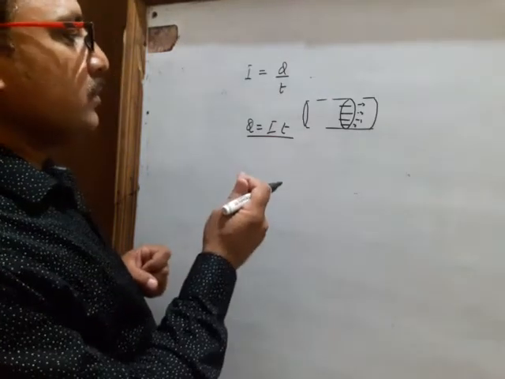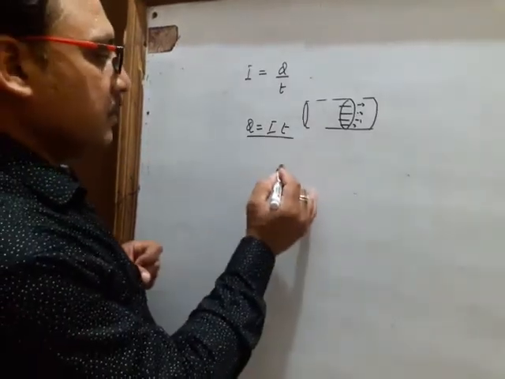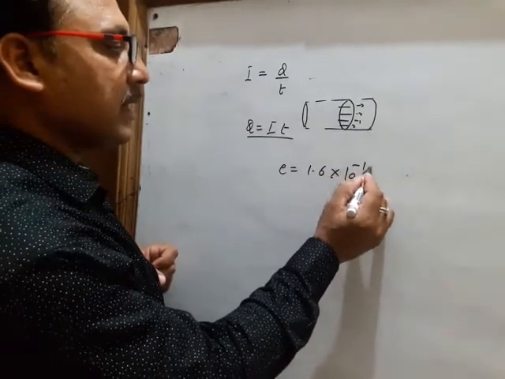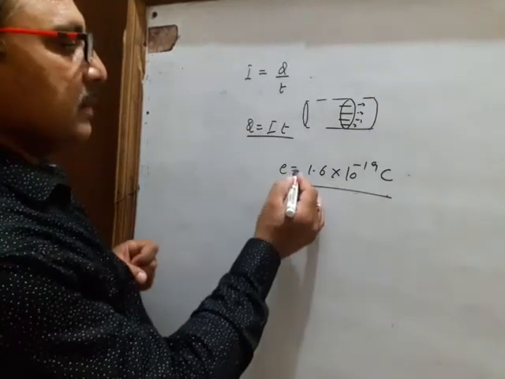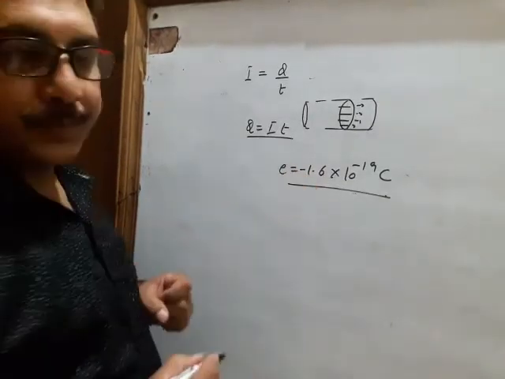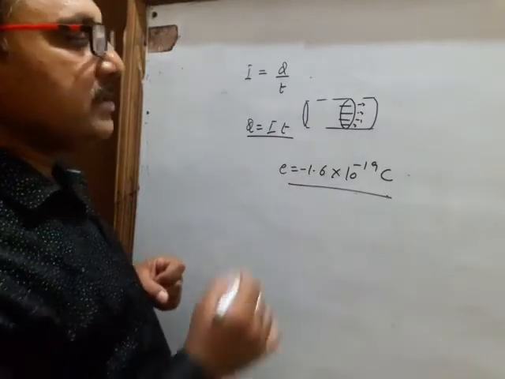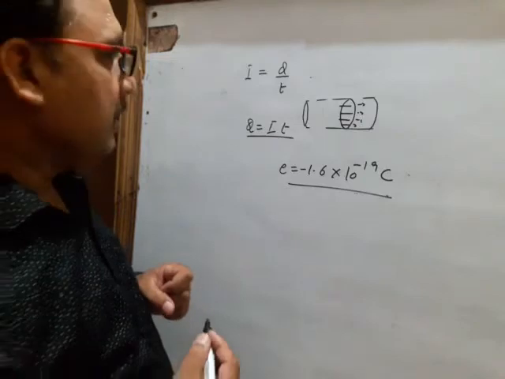Okay, so the charge of an electron is e equal to 1.6 into 10 power of minus 19 coulomb. This is the charge of an electron and it is of a negative nature. The charge of electron is negative and its magnitude is 1.6 into 10 power of minus 19 coulomb.